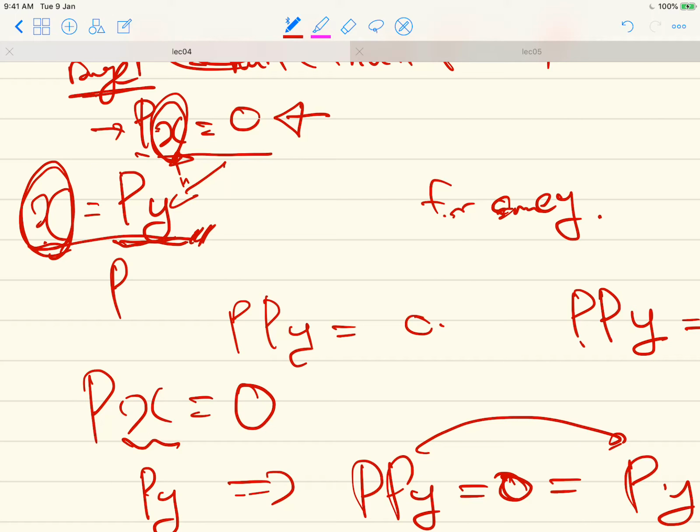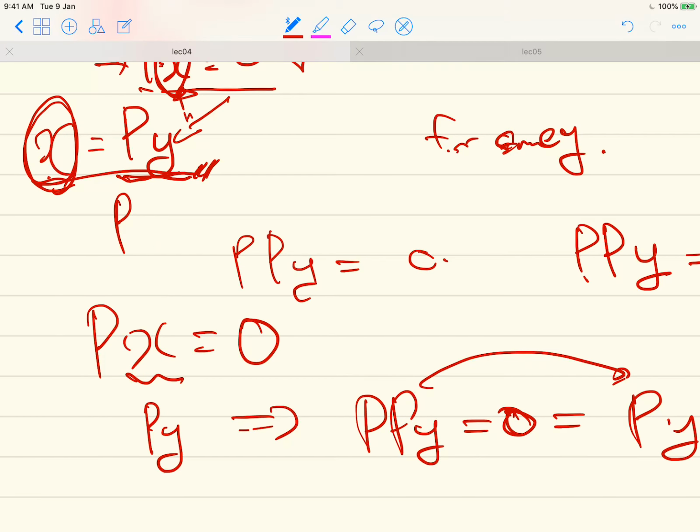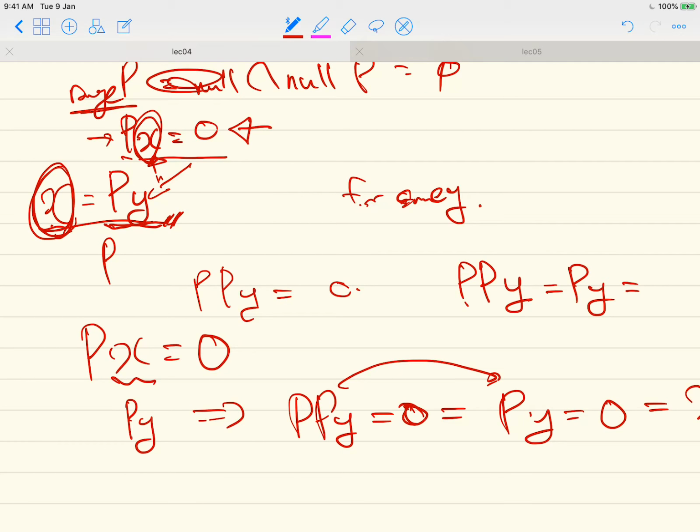Okay, so from here, because x is represented as Py, we just plug in this Py in the place of x in this first equation. We plug this in, and then P times Py is equal to 0, right?